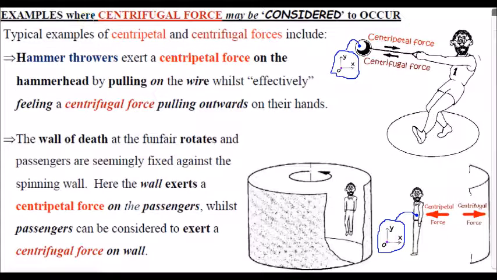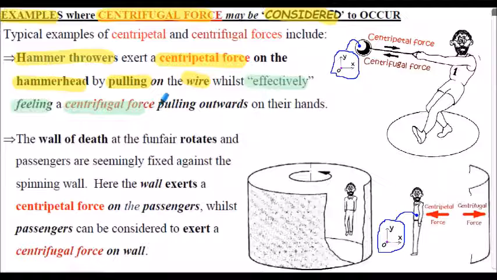Let's consider a few examples where centrifugal force may be considered to occur. So hammer throwers exert a centripetal force on a hammerhead by pulling on the wire, whilst effectively feeling a centrifugal force pulling outwards from the hammer on their hands.